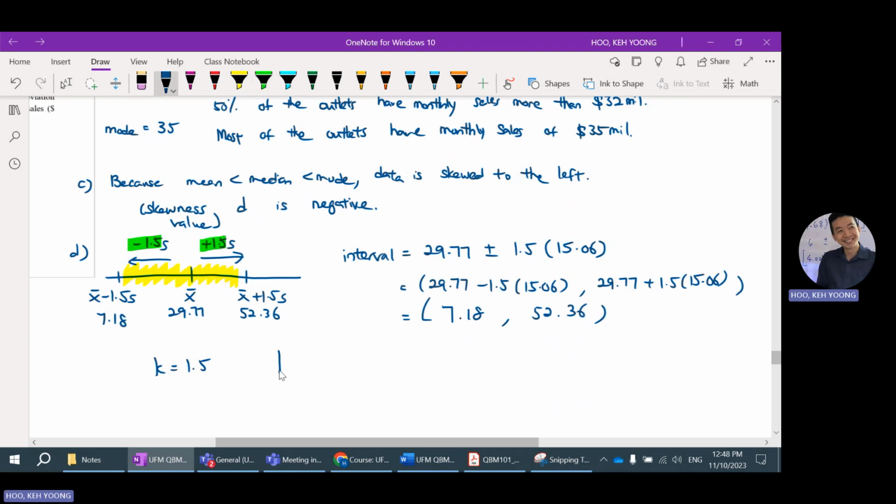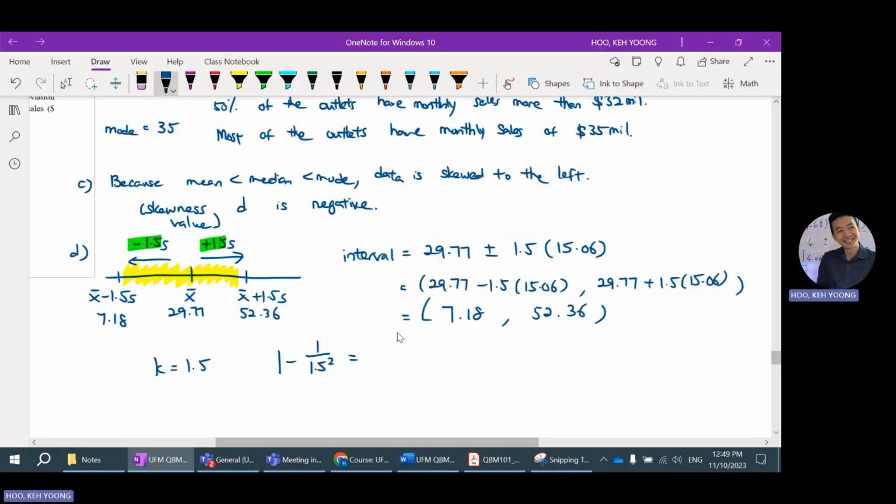So I will substitute 1.5 into the formula to find the proportion of data that will lie between 7.18 and 52.36.